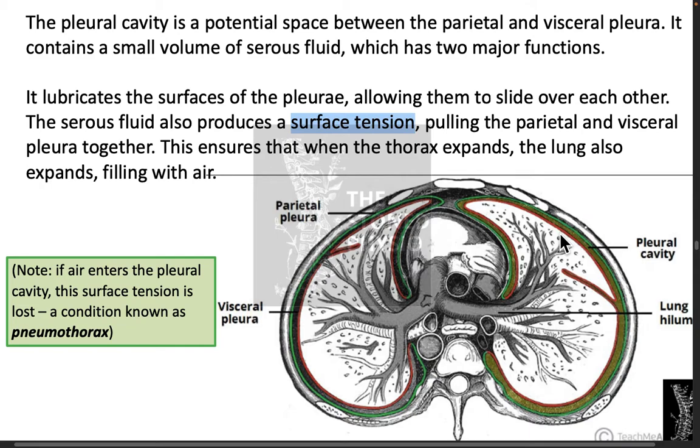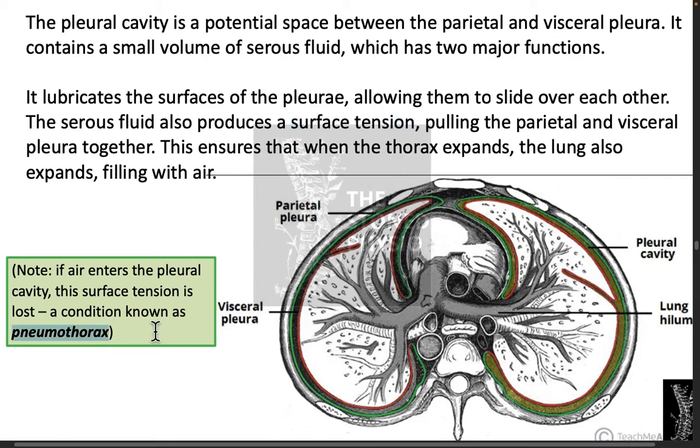The movement of the inner layer along with the outer layer during inhalation will decrease. Because of that, eventually the increase in the volume of the lung will decrease, and the respiration of the person will get affected. In that particular condition, we call it pneumothorax.